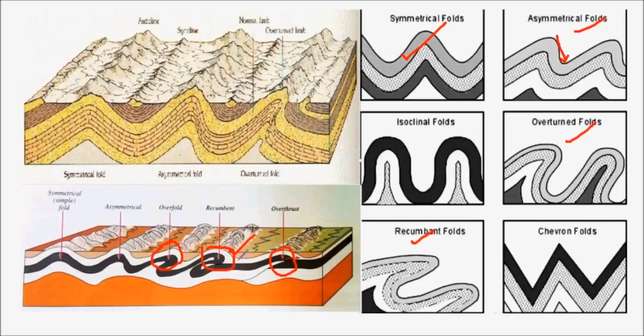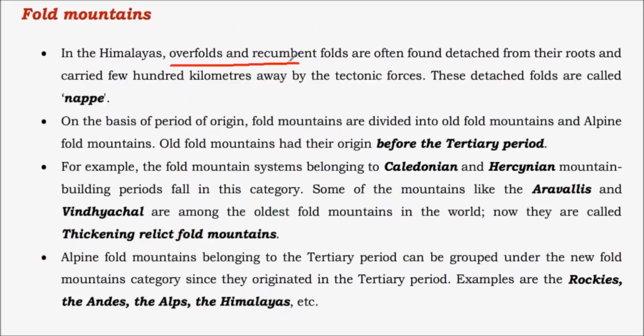That is, overfolds and recumbent folds are detached from their roots and carried away a few kilometers due to tectonic forces, and these detached structures are called nappes.